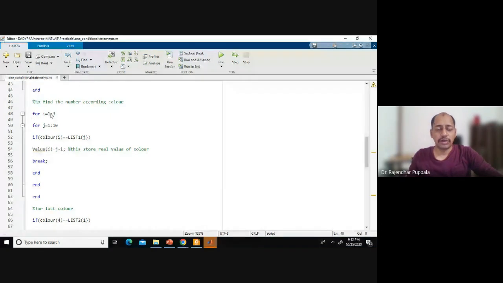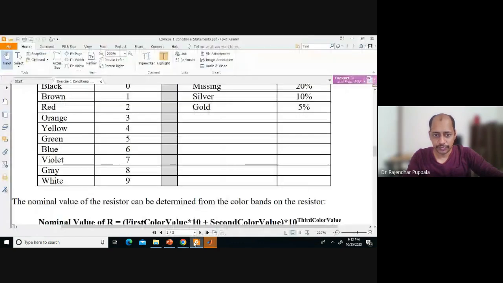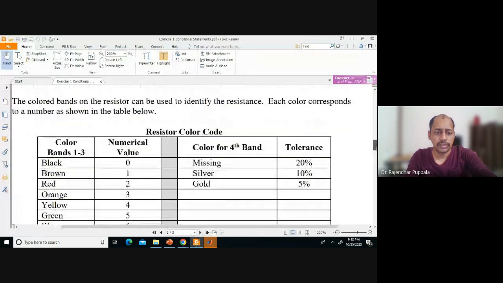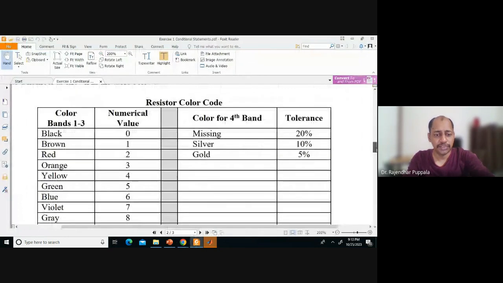Based on the 1 to 3 resistance values, inside we are giving some other numbers also. If red is given as the first input, it is carrying some number here too.